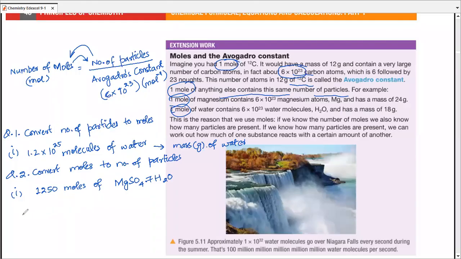All right. So what is your answer? 7.5 into 10 to the power 26 grams. No, this is number. There won't be any unit. Okay. So I hope you used the formula. You took number of moles and you multiplied them with Avogadro's constant.